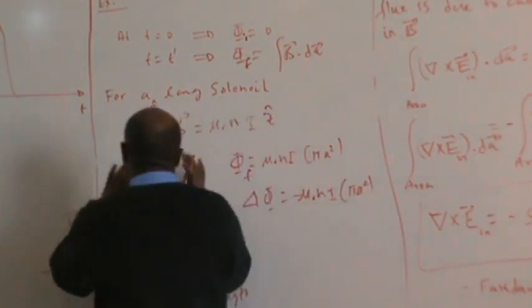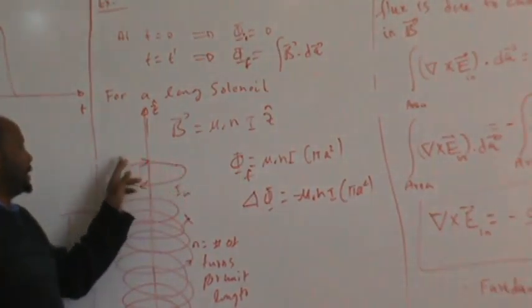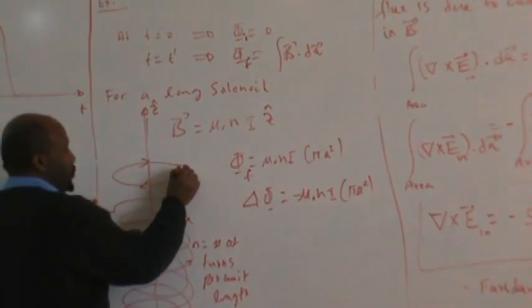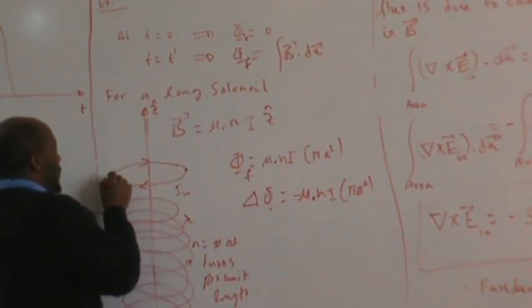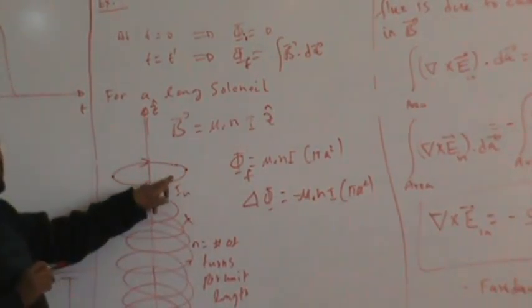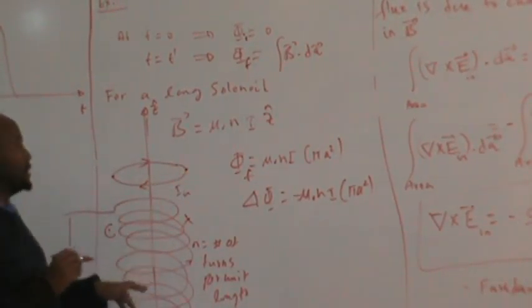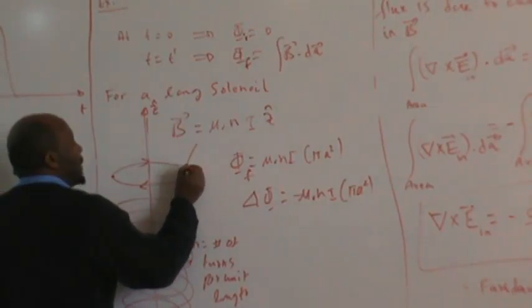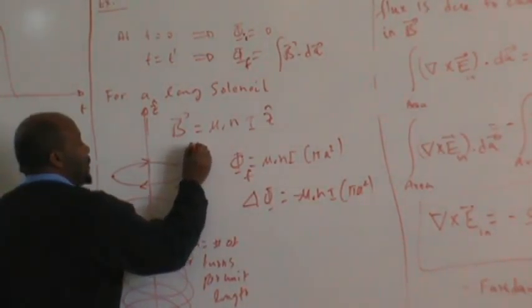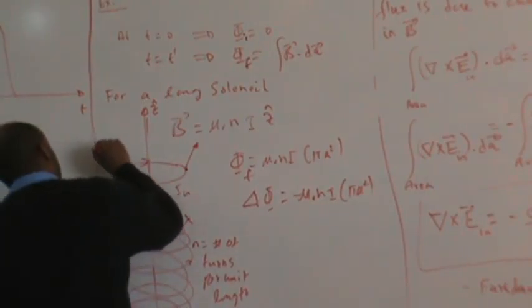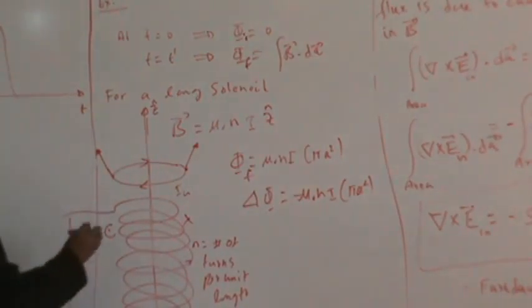In reality, the magnetic field of the solenoid here is directed, if you consider two points, one here and one here, the direction of the magnetic field at this point due to the solenoid is going to be like that. It's going to be curved like that.